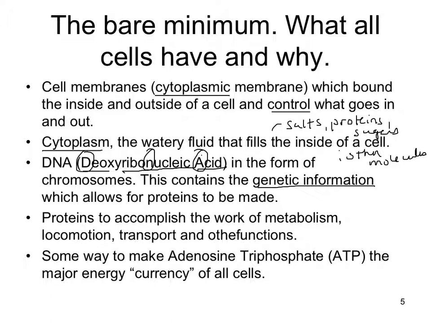And once you make proteins, proteins are a group of molecules that accomplish all of the work of a cell. That work is metabolism or energy processing, locomotion or moving around, transport, getting things in and out of the cell, and then a variety of other functions.